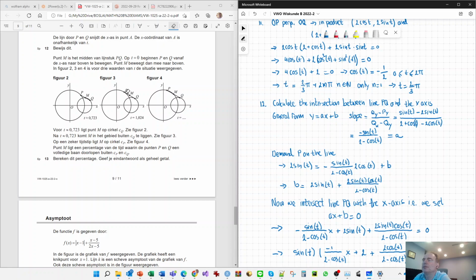Then it will be outside both circles, and at a certain time it will be exactly on this circle P. So for a certain percentage of the time that it moves around, it will be outside of both circles. And then you need to calculate for what percentage of the time.